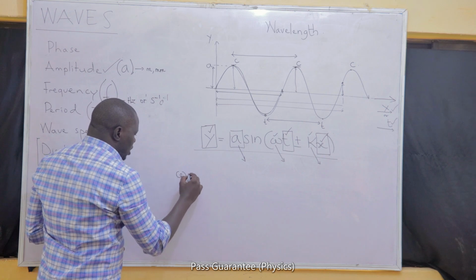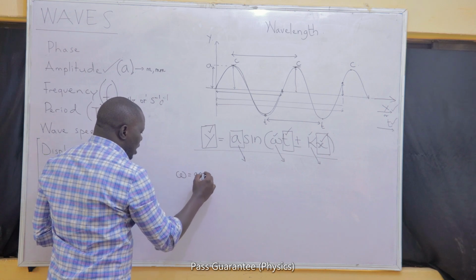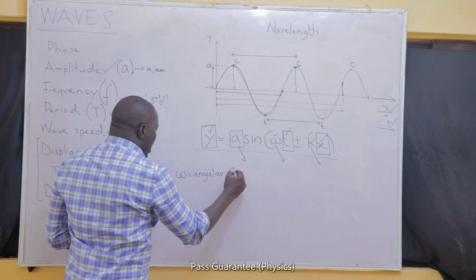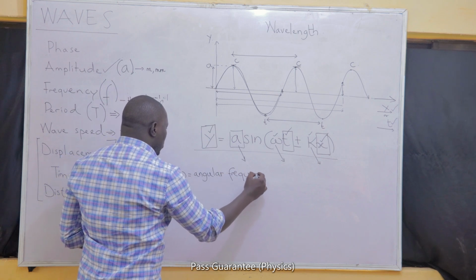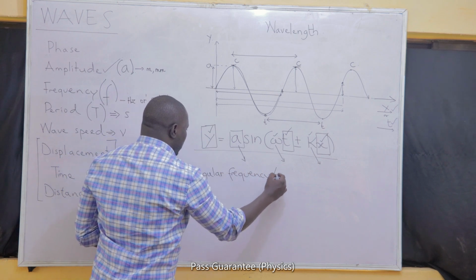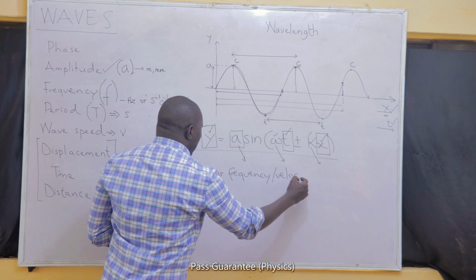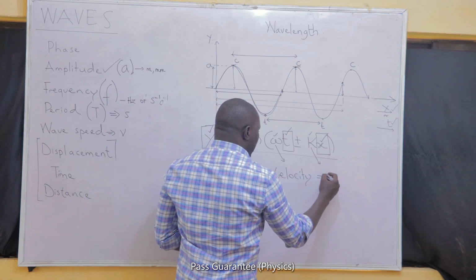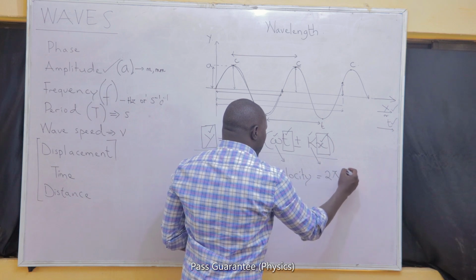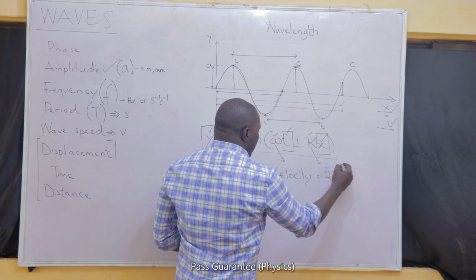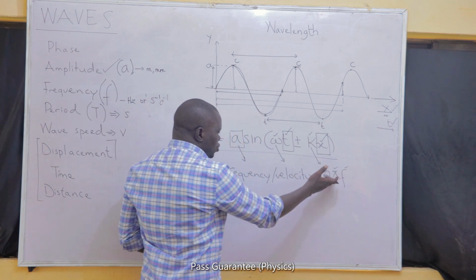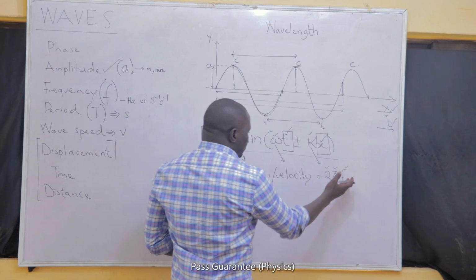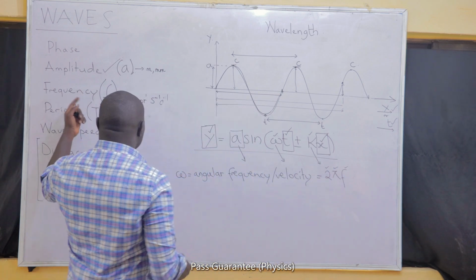Omega is called the angular frequency or the angular velocity of the wave. It has the formula: we can get it from 2 pi f. 2 pi, they are constants. Pi is your 22/7. f is the frequency, and I've already explained how to get the frequency.